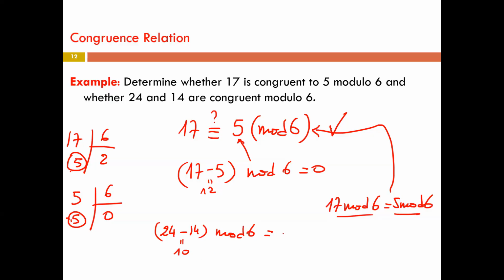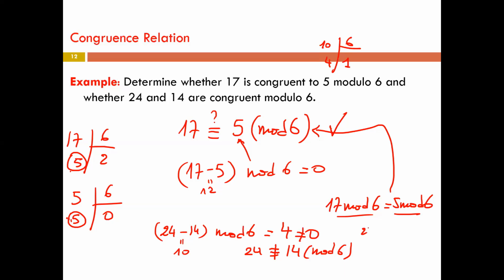We need to see the remainder of dividing 10 by 6, which is 4. So 24 minus 14 mod 6 is 4. It's not 0. This means that 24 is not congruent to 14 mod 6.